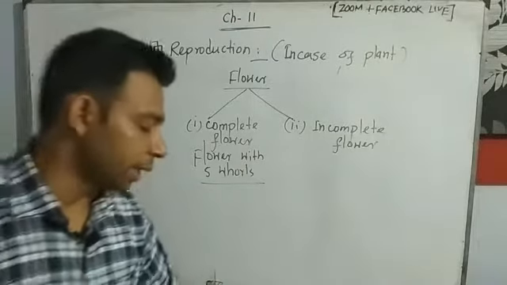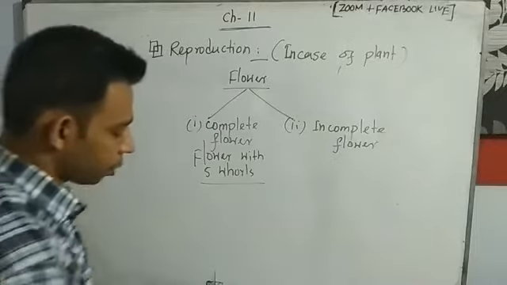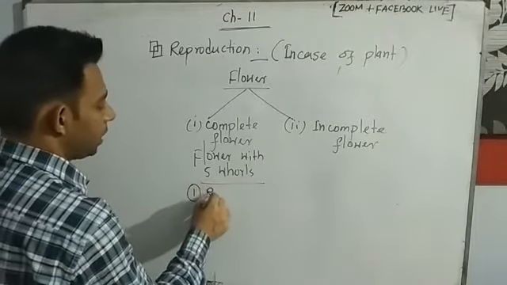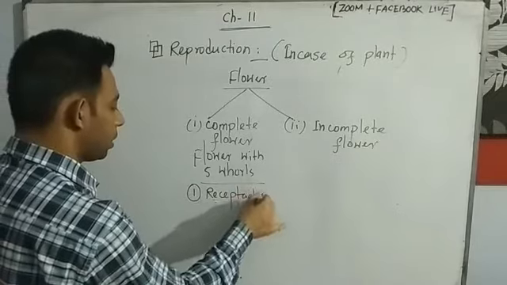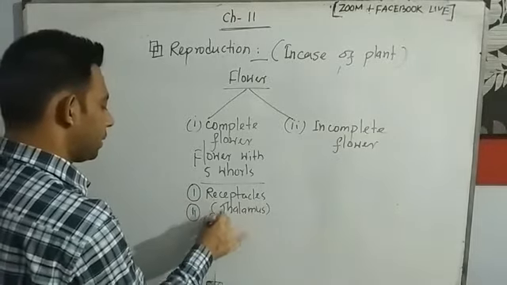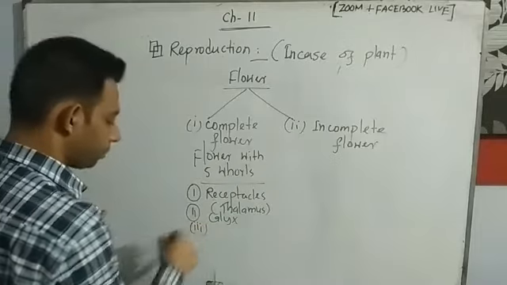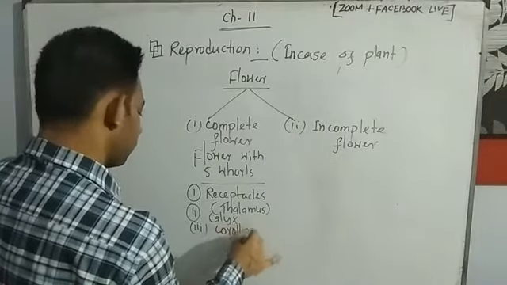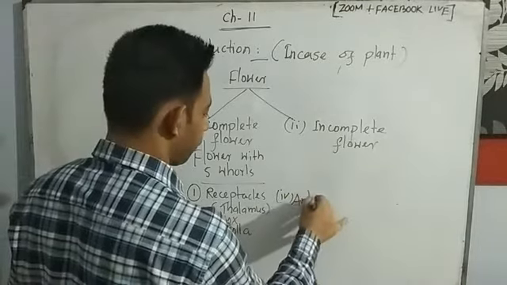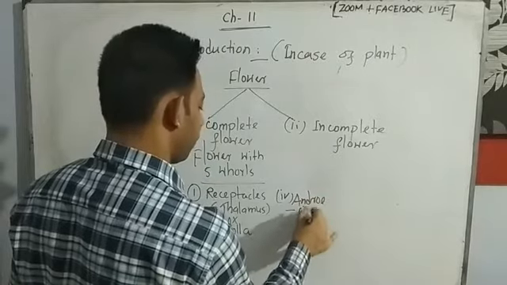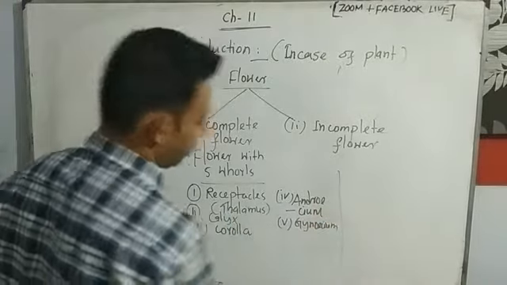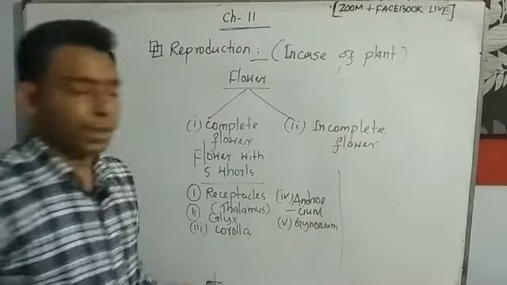First of all, receptacle, sometimes also known as the thalamus, then calyx, then corolla, then number 4 androecium, and then number 5 gynoecium. Androecium and gynoecium. All 5 parts. This is the receptacle or thalamus.